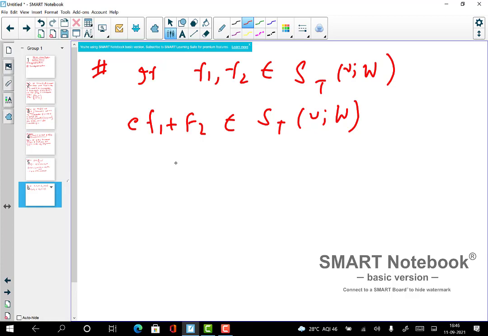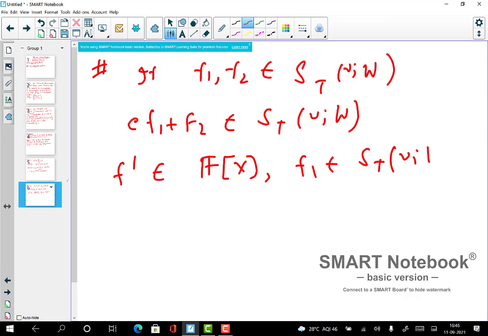And not only that, if you choose another polynomial, say f', belonging to the polynomial algebra, and f1 belongs to this T-conductor of v into W, then the product f' f1 is again an element of this. This is also an obvious fact.